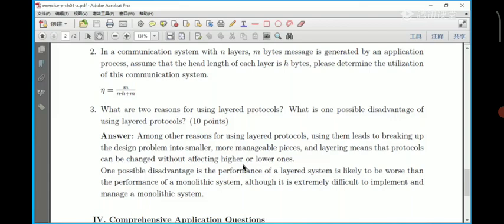One possible disadvantage is the performance of a layered system is likely to be worse than the performance of the monolithic system, although it is extremely difficult to implement and manage a monolithic system. So, layered protocol system and monolithic system, each has advantages and disadvantages.